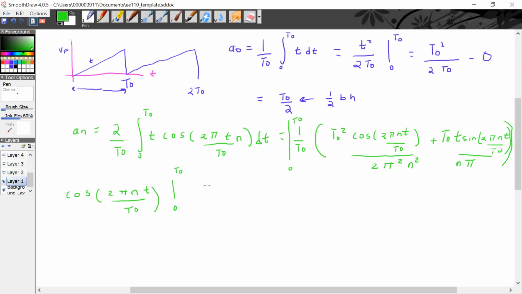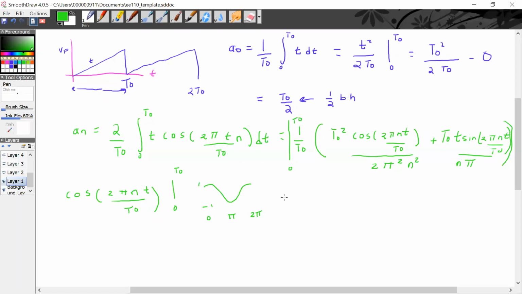What I like to do is draw a picture of the cosine function to remind me what I should be getting.